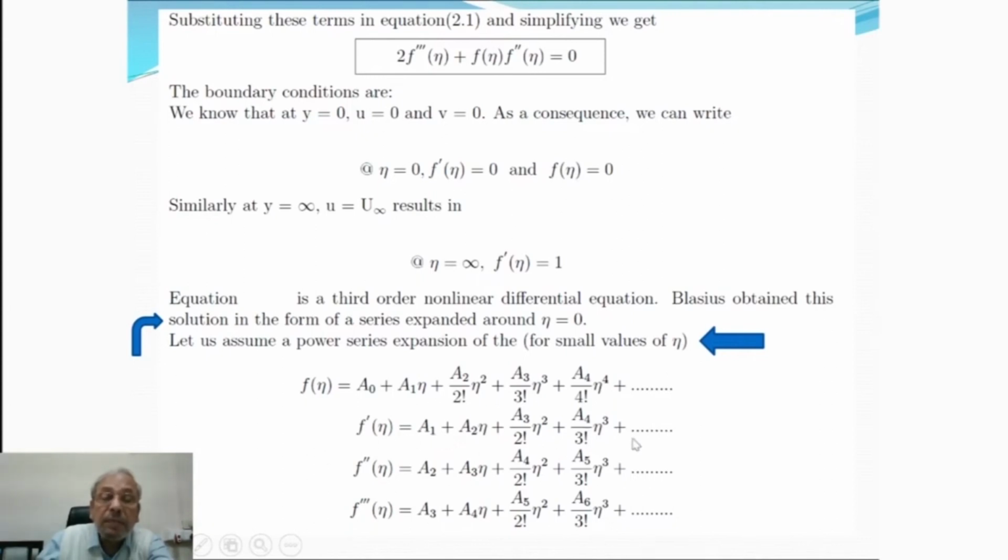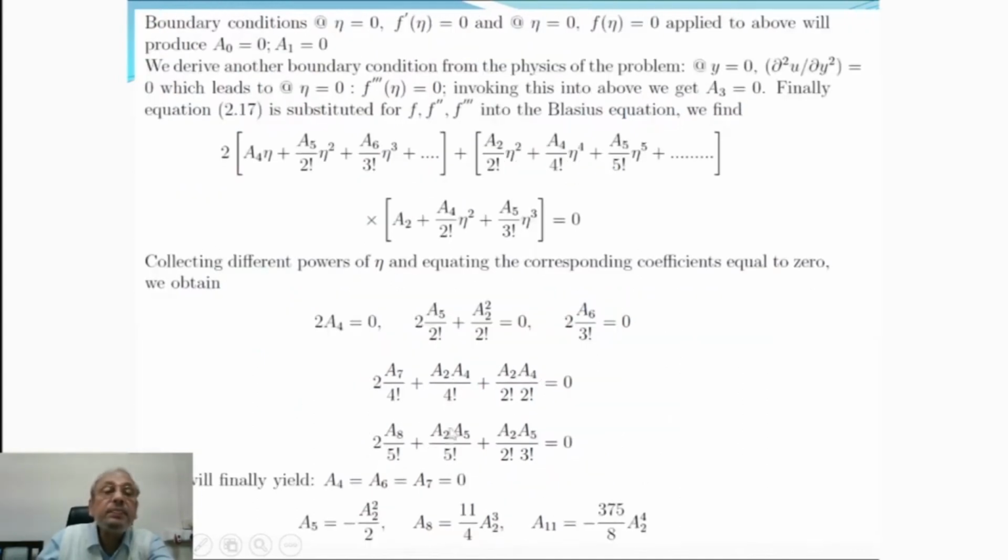So now we will substitute the boundary conditions to basically find out the constants. I have already mentioned about it. Eta equal to 0, f prime is 0, and eta equal to 0, f is 0.